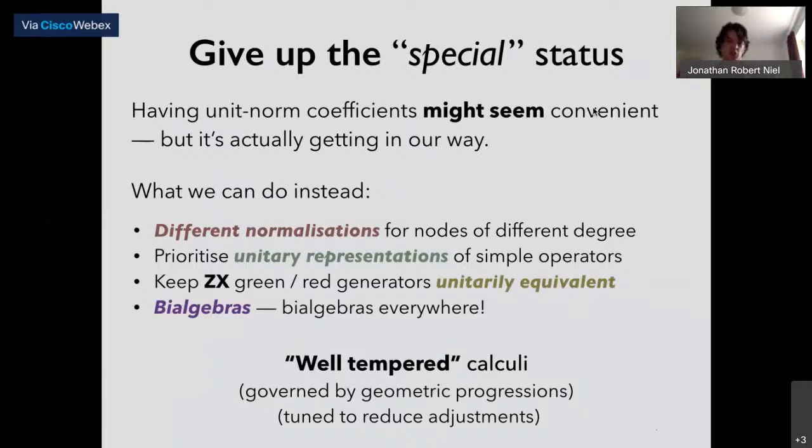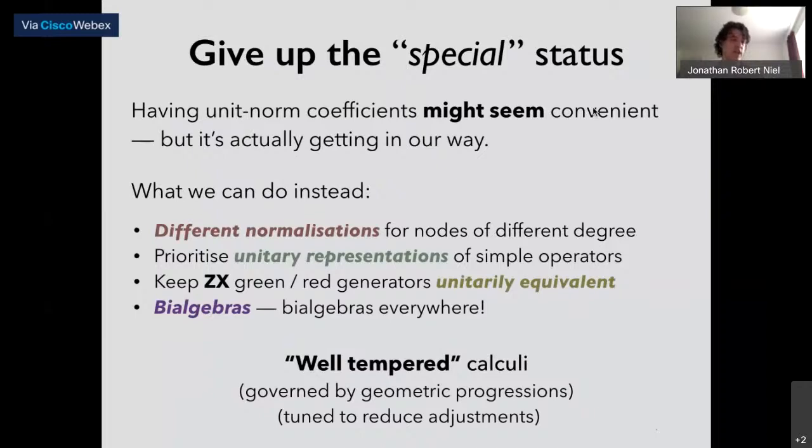I'd like to prioritize unitary representations for the simple operators, such as the controlled NOT and the Hadamard. I'd like to maintain the symmetry, the unitary equivalence between the ZX green and red generators, because that represents an important thing about physics. And because of the rewrites that we use most often, the bialgebra rule tends to be one of the most frequently used, as well as things like the fusion rule.